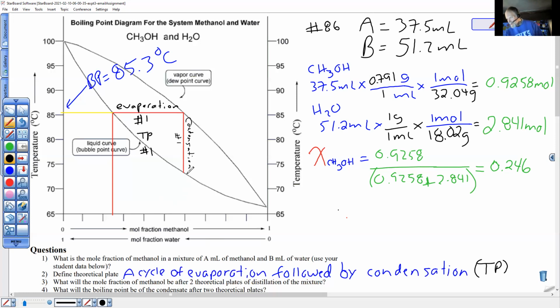It's about 0.6. You went from something that was 25% pure to 60% pure after one theoretical plate. This question that's coming up, what will be the mole fraction of methanol after 2 theoretical plates of distillation? Question 3. Well, let's do our second theoretical plate.